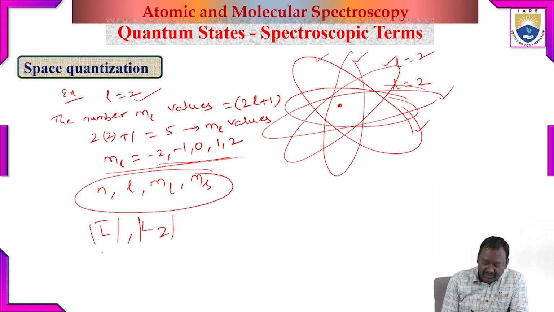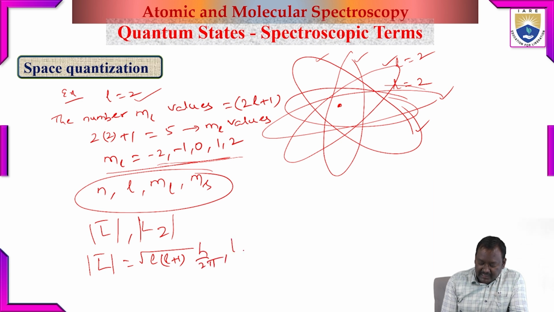We know that the magnitude of L is given by the square root of L into L plus 1 times h by 2 pi, and Lz equal to ml times h by 2 pi.